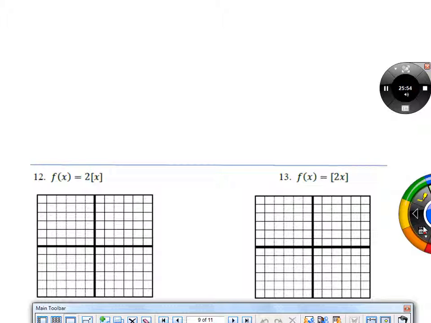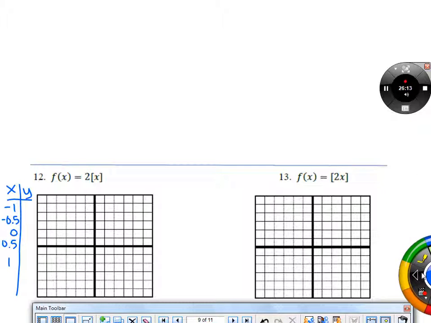But for right now, if you guys could, in your groups, make a t-table, and I want you to plug in -1, -0.5, 0, 0.5, and +1 to each of these functions, so that we can see what the difference is and that you can practice your greatest integer calculation.